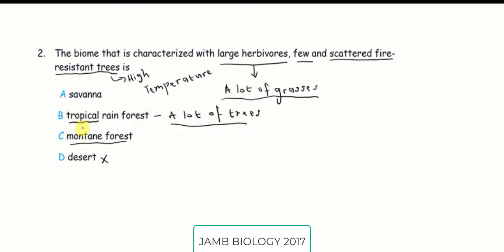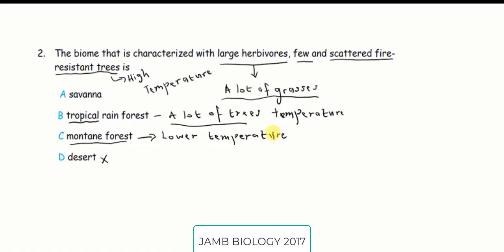The major difference here would be the fact that the tropical rainforest, from the word tropic, would have a much higher temperature compared to the montane forest, because the word montane actually means mountain, and the temperature that obtains here will be much lower compared to what we have in the tropical rainforest.